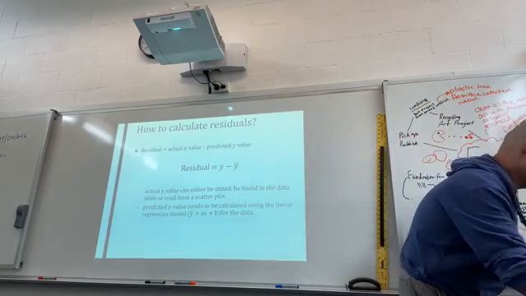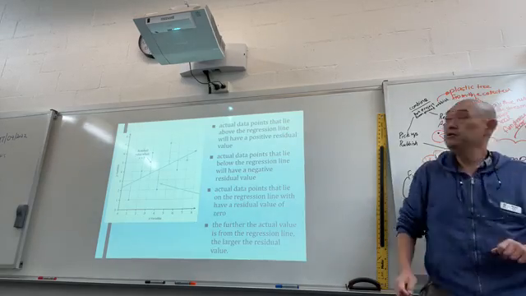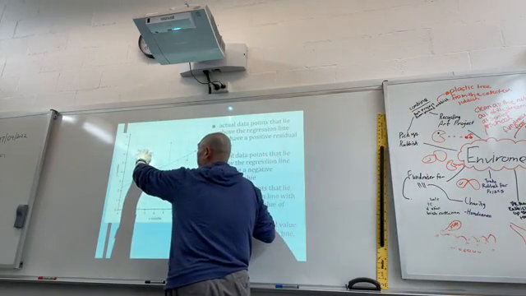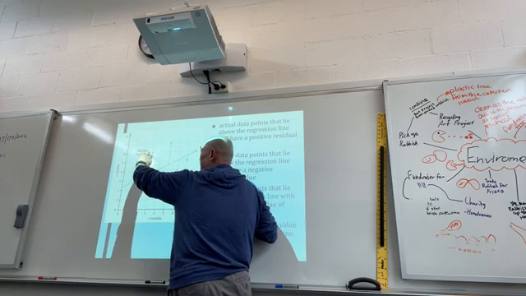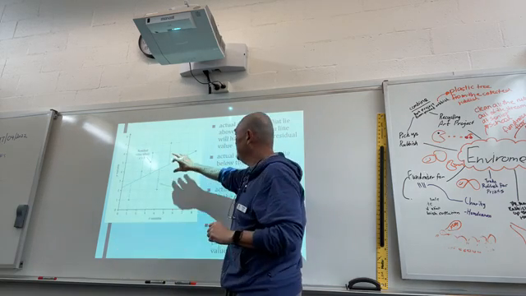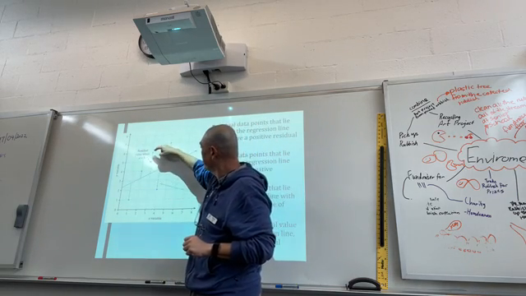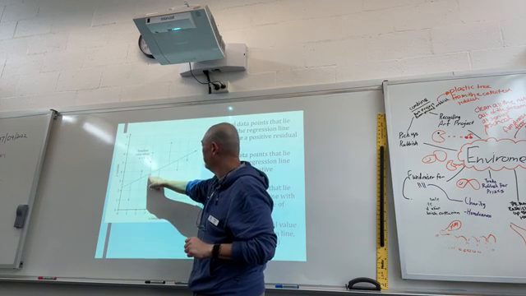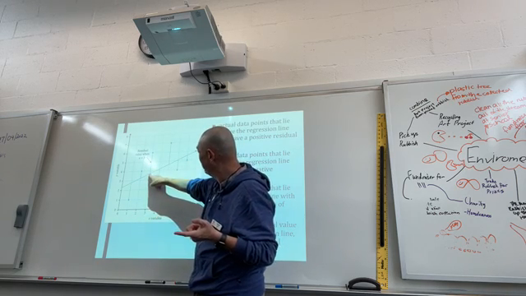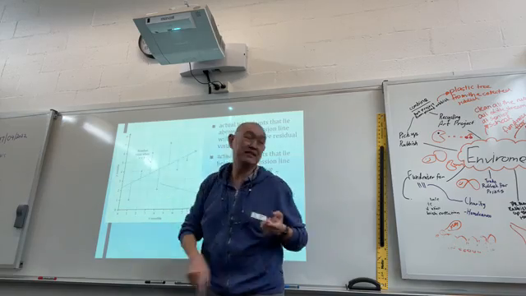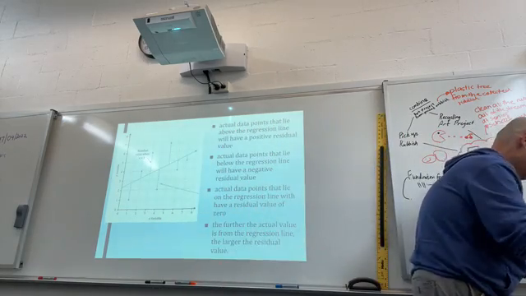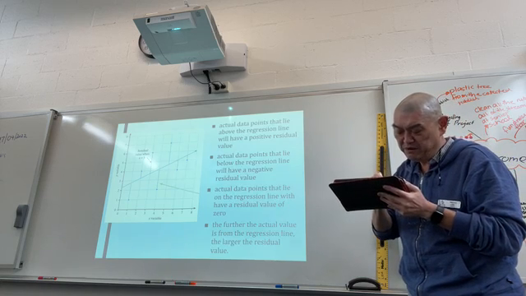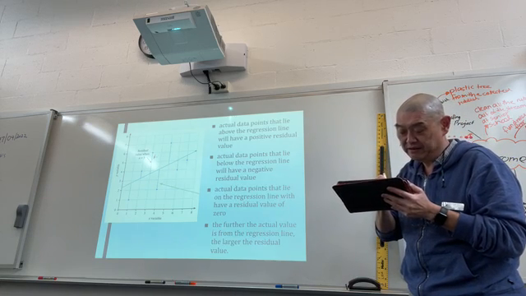So what you need to do is calculate the distance. That is the residual. So this is the residual when x equals 3. The actual point here is 6. At this stage, I estimate the predicted value as 3.5. So the distance is 6 minus 3.5, which is positive.